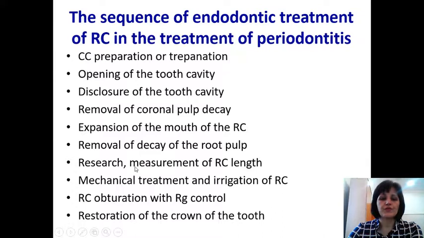During pulpitis, first we research and measure the root canal and only then remove the root pulp, whereas during periodontitis, first we remove decay of the root pulp and only after that research and measure the root canal. And other stages are the same: mechanical treatment and irrigation of the root canal, obturation with X-ray control, and the final stage is restoration of the crown of the tooth.